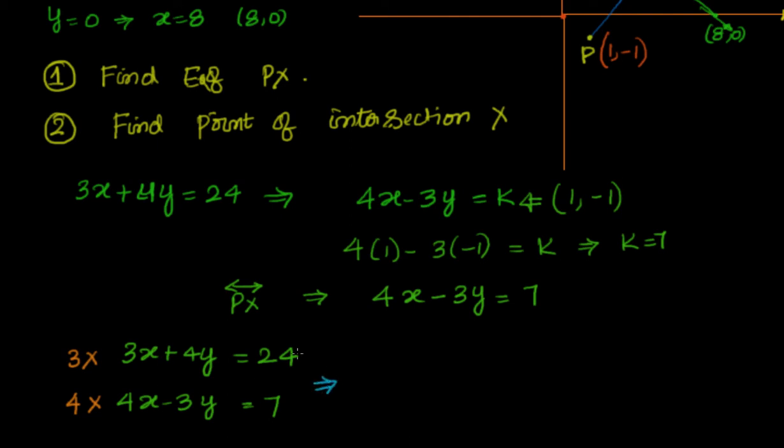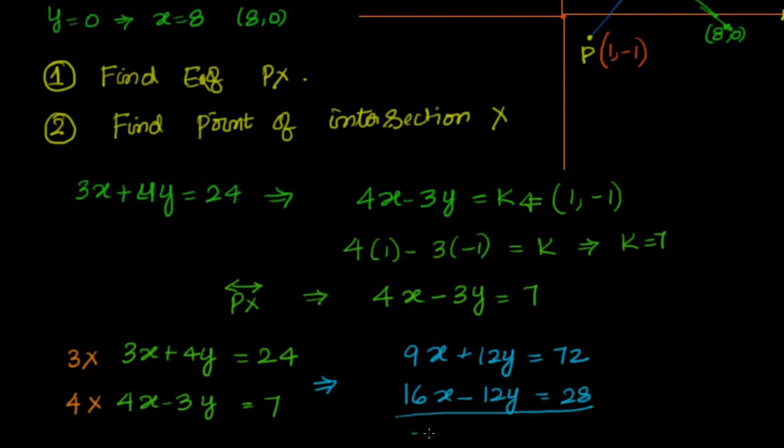If I multiply by 3, 9x plus 12y equal to 72. 3 3s are 9, 3 4s are 12, 3 24s are 72. Similarly, 4 into 4, 16x minus 12y equal to 28. If you add them, you will have 25x equal to 100. That will give you x equal to 4.